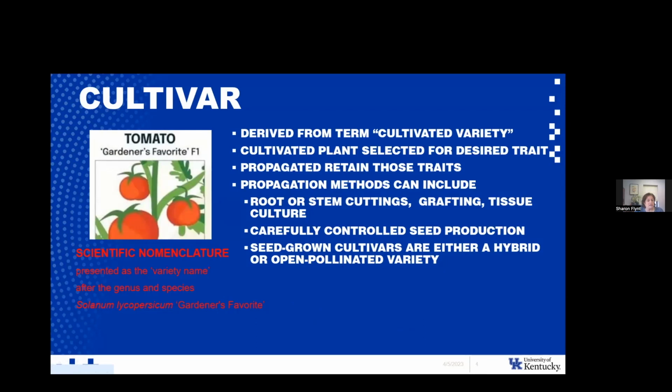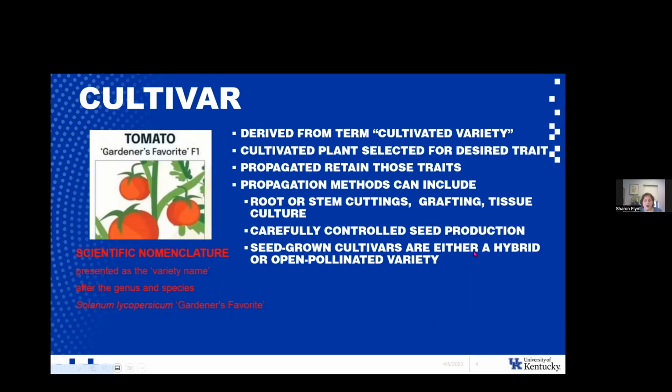A cultivated variety of a plant is selected for desired traits, and they usually have to propagate to retain those traits. Well, they always do. Methods could include root or stem cuttings, grafting, tissue culture, that sort of thing, or carefully controlled seed production. And we'll go into just a little bit more of that later.